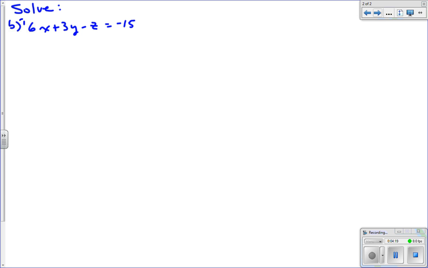That's my first equation. My second equation is 2x minus 5y minus 2z equals 3. And my third equation is 4x plus y plus z equals 3.